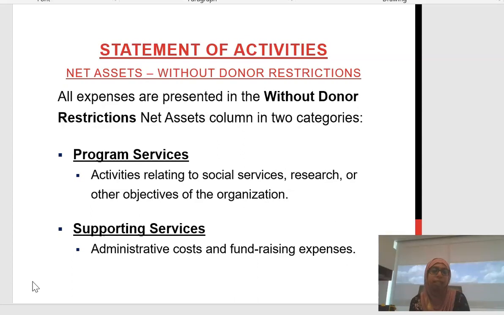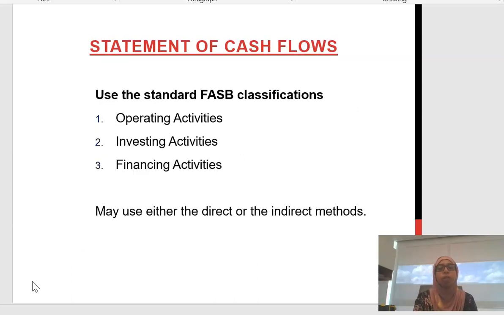And at the end, they can check the ratio, that means the program service expense to supporting service expense ratio. Remember, the higher the ratio, the better. It indicates the efficiency, how they are utilizing all the money they received to fulfill their mission.